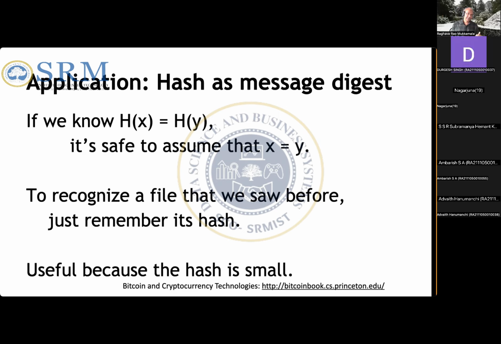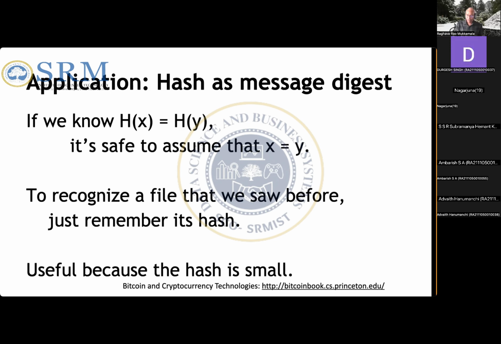Then when I download the file again, I can check whether the hash value of the downloaded file and the stored hash value match. If both match, the file is intact, not touched by anyone, or you can say the file is tamper proof. So rather than keeping the whole data file, you can save only the hash value, because having a hash will guarantee that nobody else can change the file. If they change the file, you can easily identify it.